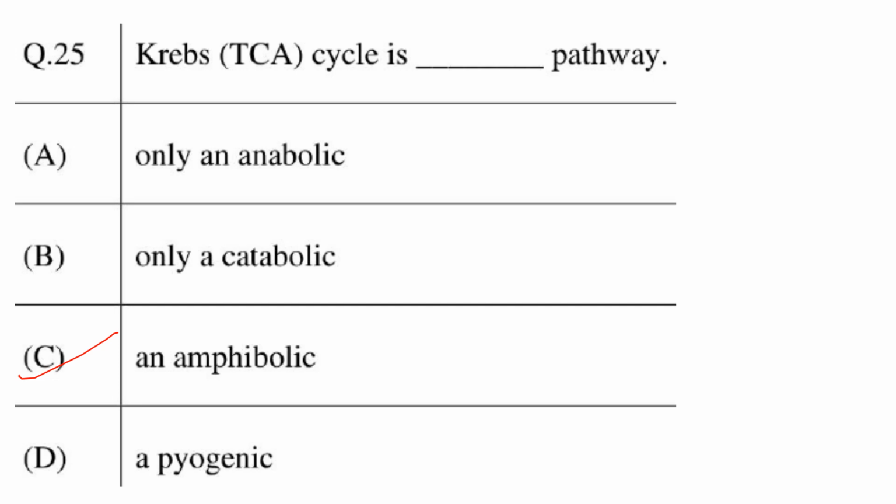It is called amphibolic because it plays a role in catabolism as well as in anabolism. In catabolism, it breaks down carbohydrate, fats and proteins to produce energy, that is ATP, NADH, FADH2. Whereas in anabolism, it provides intermediates for the synthesis of amino acids, choline and other biomolecules. So it is an amphibolic pathway.